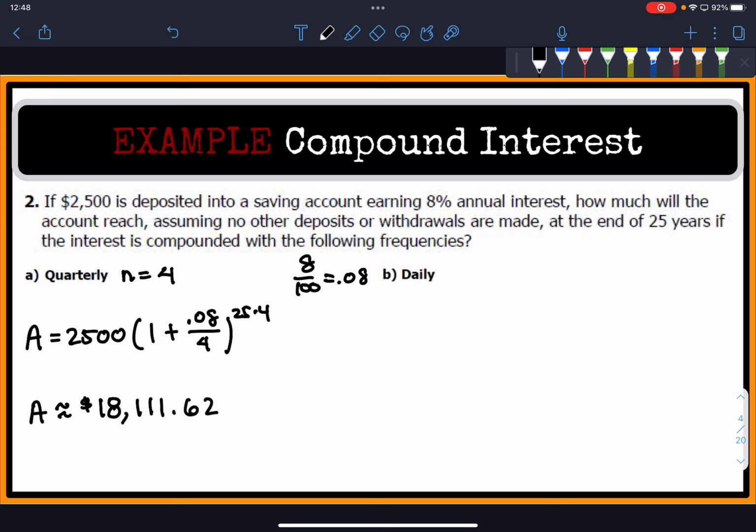Now let's say we're going to compound it on a daily basis. So at the end of every day, the interest gets compounded. Since there are 365 days in a year, we're going to do it 365 times a year for 25 years.